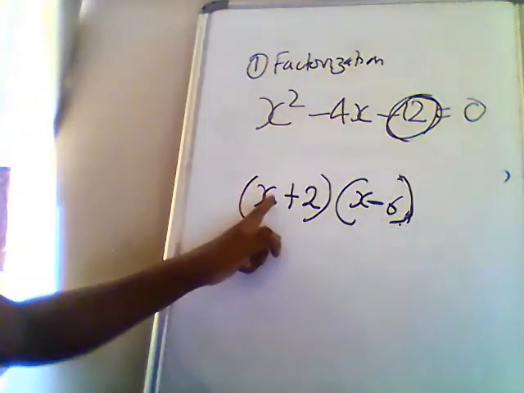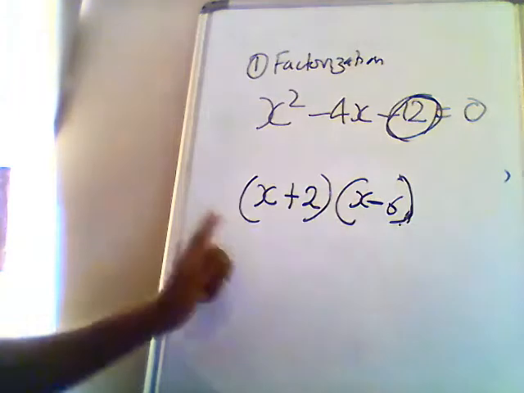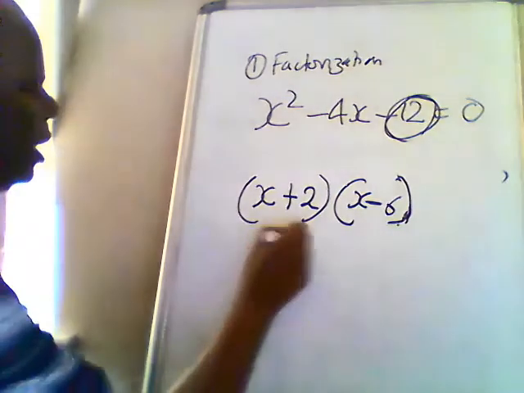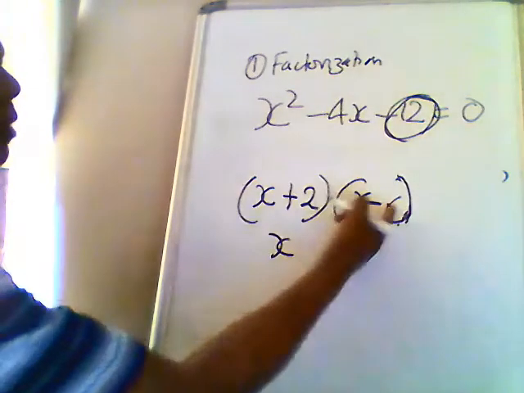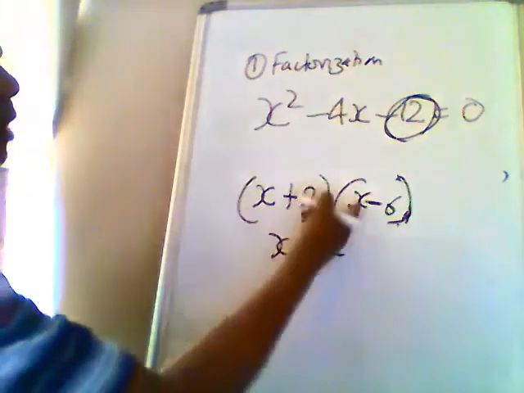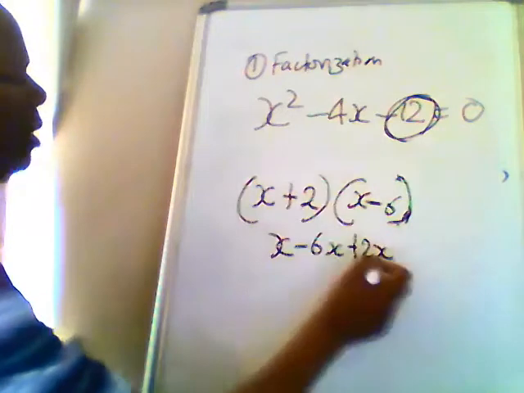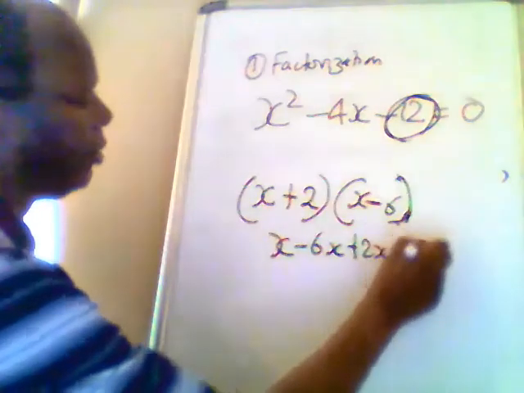Now, you can see that x times x is going to give me x squared, so I can double check this. And x times minus 6 is going to give me minus 6x. 2 times x is going to give me plus 2x. And 2 times minus 6 is going to give me minus 12.